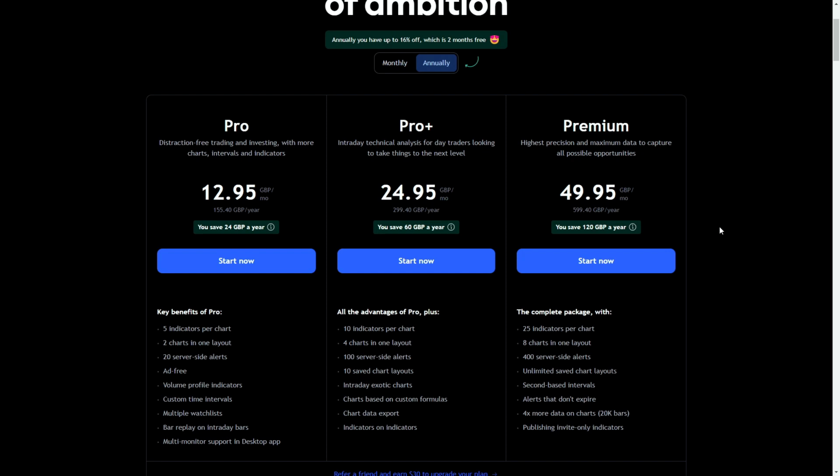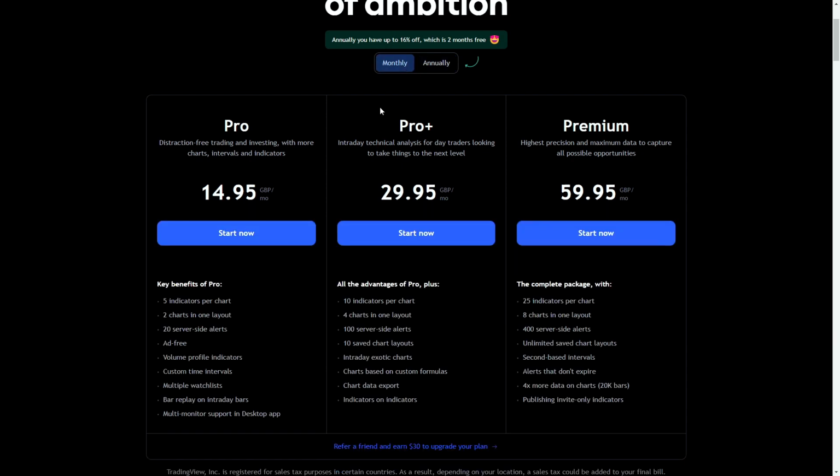For most traders though, I do think it's worth trialing even just a month of the Pro plan on TradingView. Looking through what you get here, if you get some frustration with the ads popping up, for example, if you're using TradingView on a daily basis, or you want to use the replay function, or maybe you haven't used it before and want to see if it's worthwhile, I think it's worth it, even for just a month at the equivalent of £15.